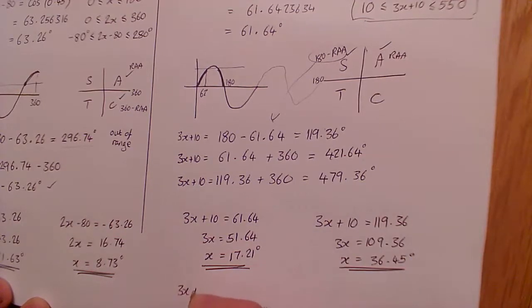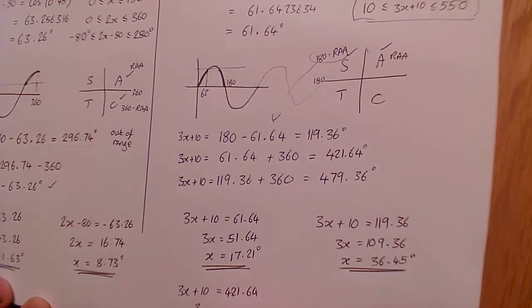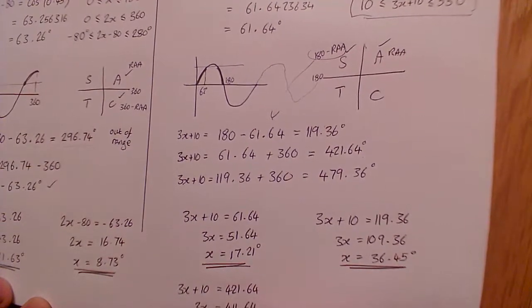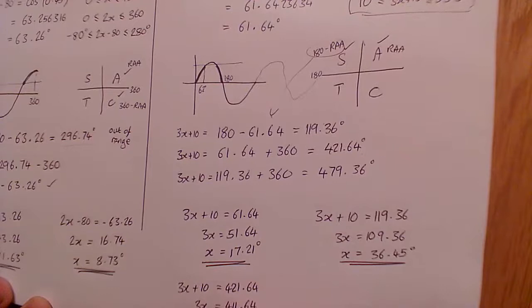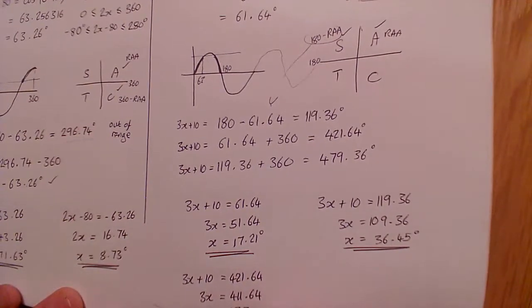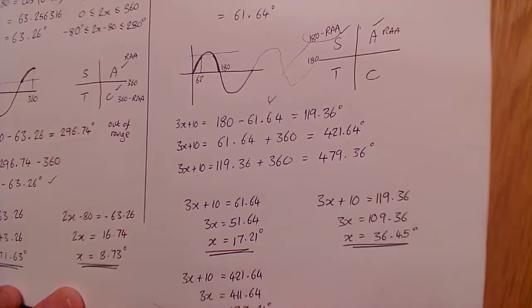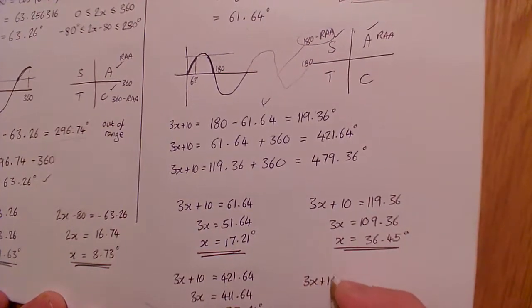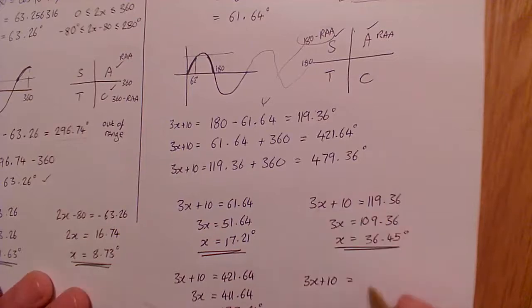This one, 3x plus 10 equals, and we've got 421.64. So 3x equals 411.64. So x equals that divided by 3, which is 137.21 degrees. And finally, 3x plus 10. So I'm just literally working through all my angles.